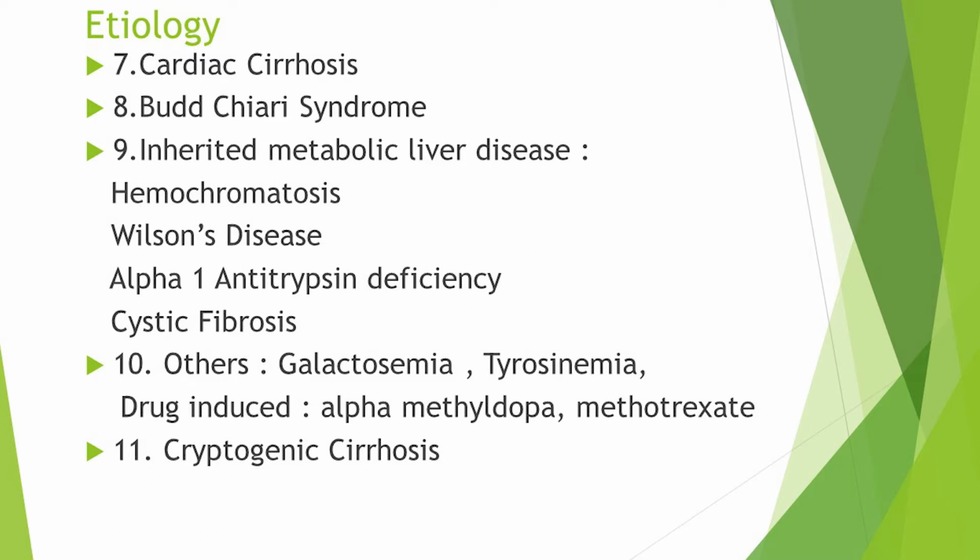Some rare conditions like cystic fibrosis, galactosemia, and tyrosinemia also cause cirrhosis of liver. If cirrhosis is diagnosed but no etiological factor is detected, you can say that it is cryptogenic cirrhosis of liver.